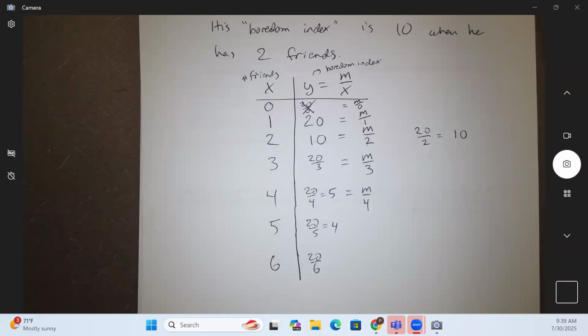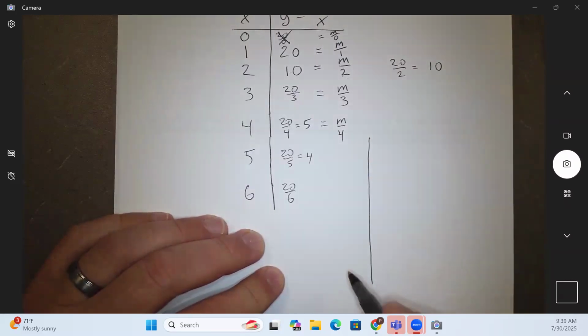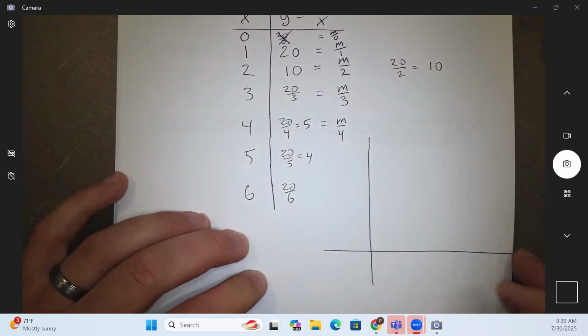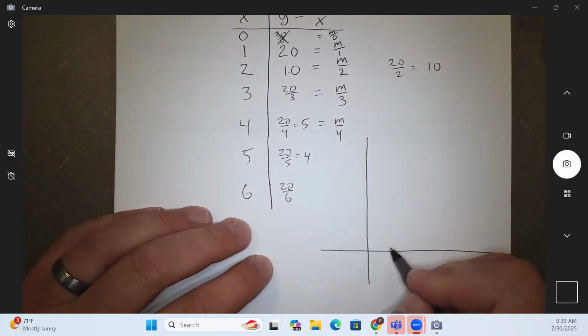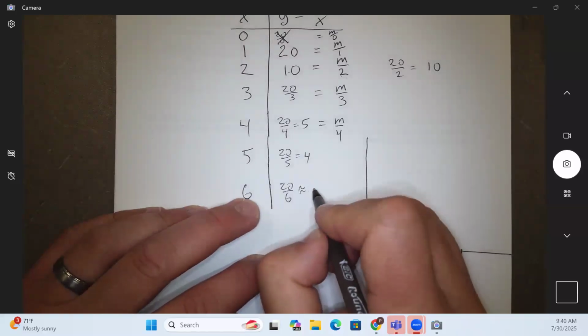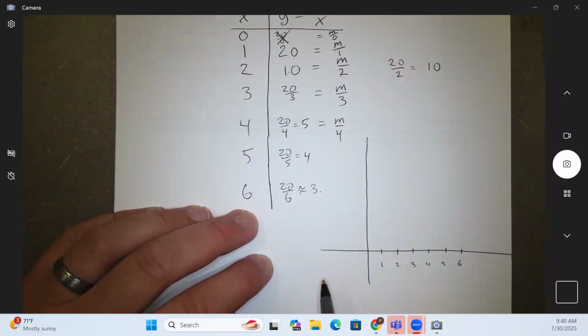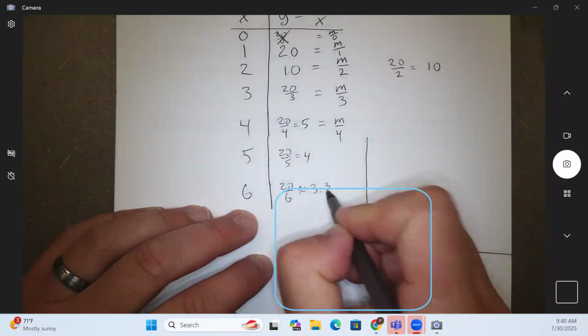Let's put this on a graph. This graph's a little trickier to draw. There, 1, 2, 3, 4, 5, 6. 20 over 6 is about 3.3, right? Yeah, about 3.3.